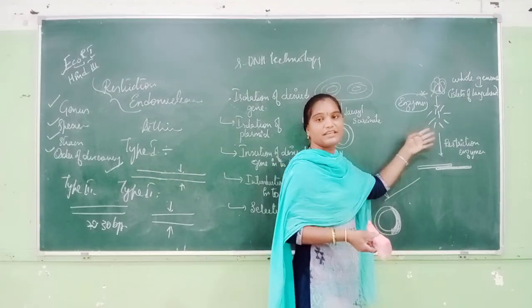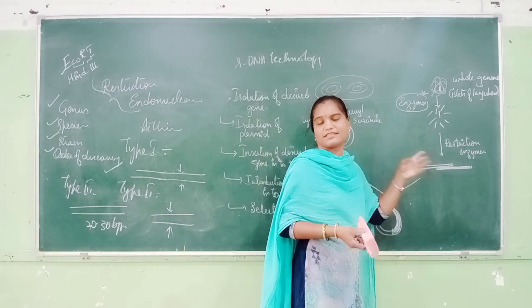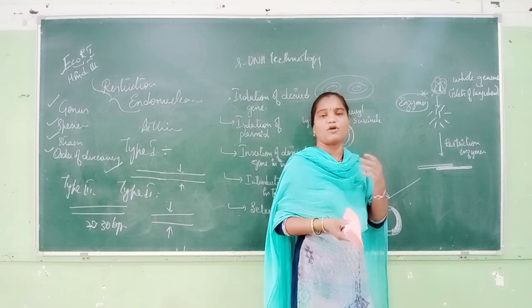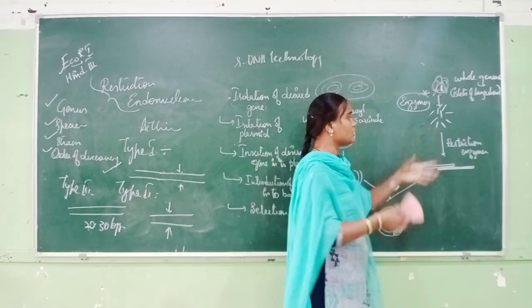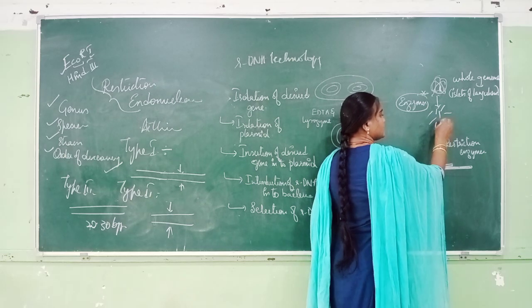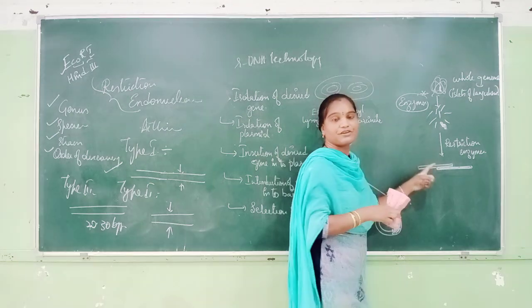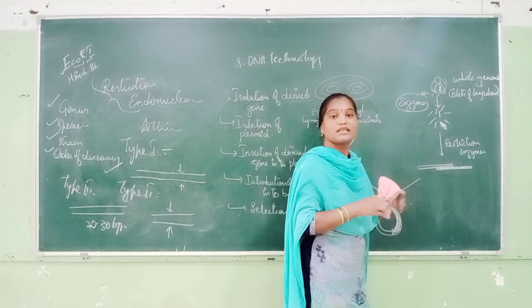Now the DNA fragments obtained here are of different sizes. Some may be very small, some may be very large. These fragments contain your gene of interest. This is your gene of interest fragment, and this fragment is again treated with restriction enzymes. Why?